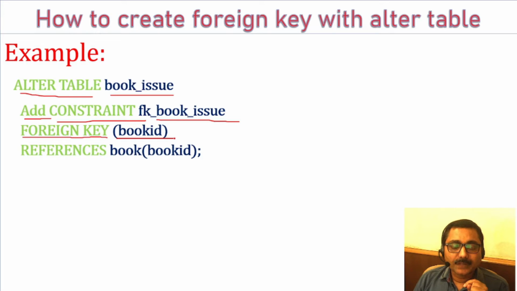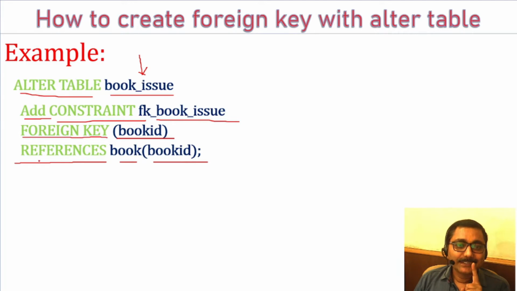And this is the foreign key column of which table? Book issue table. This book ID is going to refer to the book ID column of the book table. So book issue is the detail table and book is the master table.